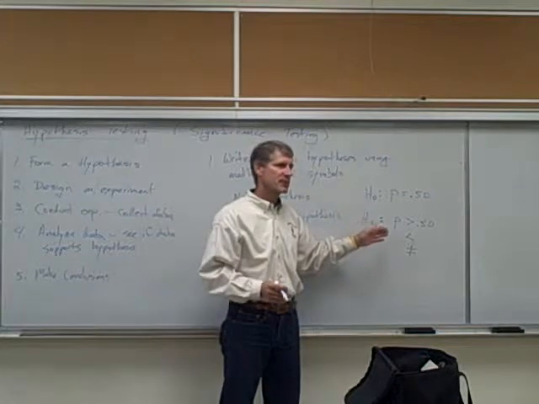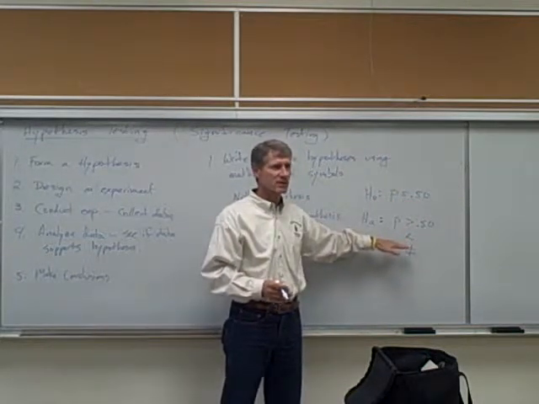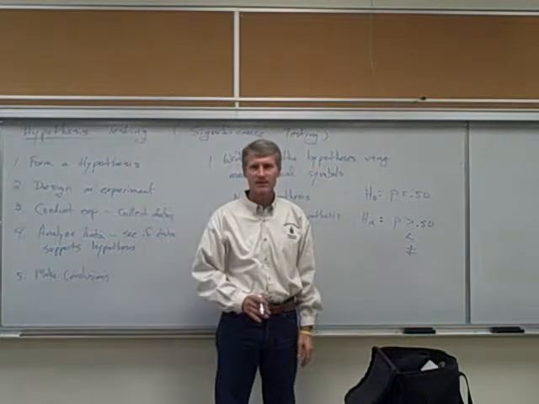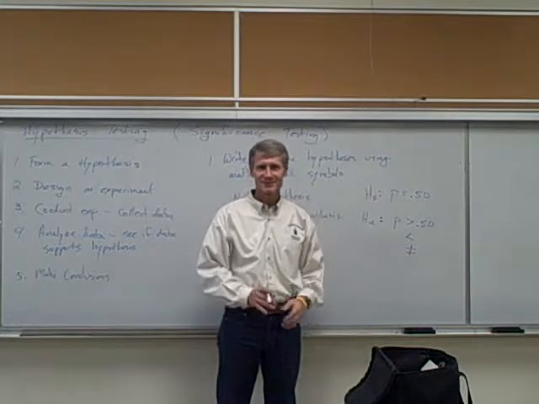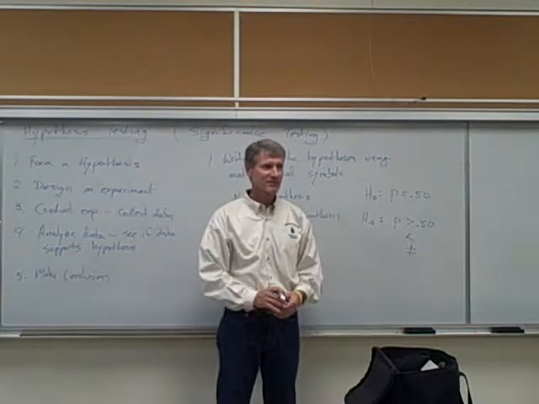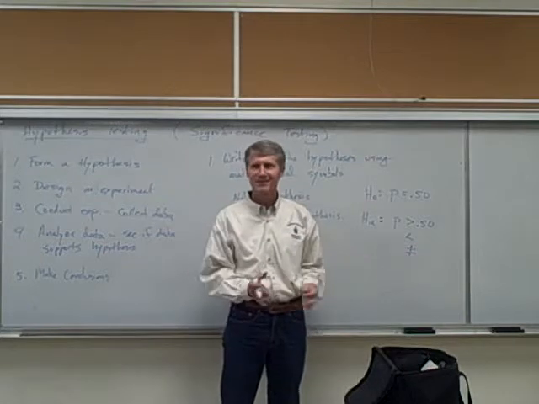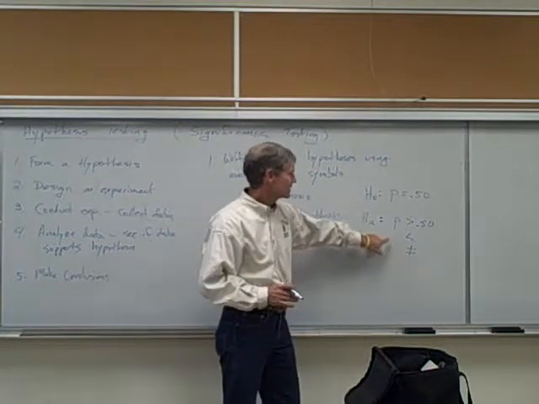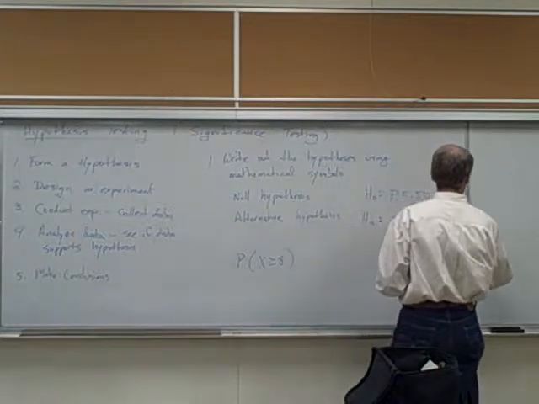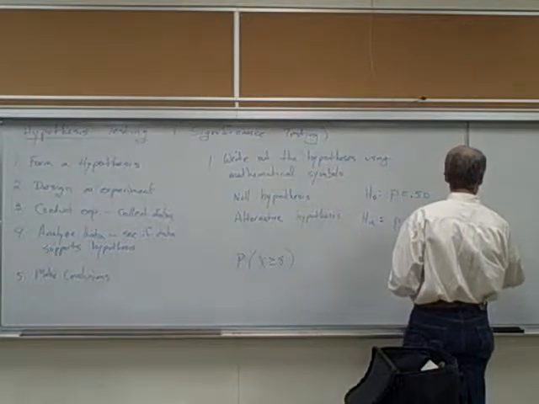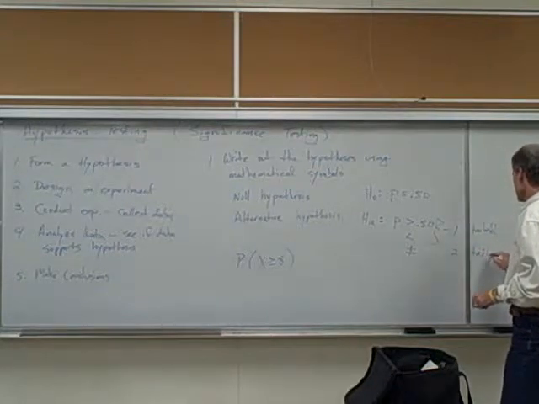If he has ESP, he should do better than 50%. If he does worse than 50%, I'm not going to be convinced he has ESP. Even if he does really worse, like doesn't get any right, I'm still not going to say, well, that means he has ESP, just in reverse. Doesn't make sense. Okay? So these two are known as one-tailed tests, and this one is a two-tailed test.